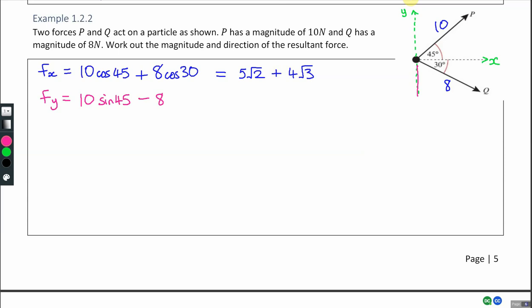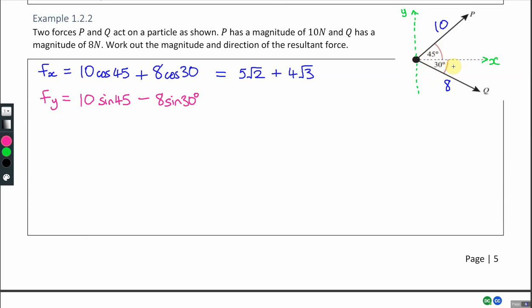Now we're currently working in the vertical direction, and this 30 degree angle is not adjacent to the vertical. It's adjacent to the horizontal. Remember, adjacent means next to. So it's not adjacent to the vertical, so therefore I'm not going to use cos, I'm going to use sine. So there we go, 10 sine 45, take away 8 sine 30.